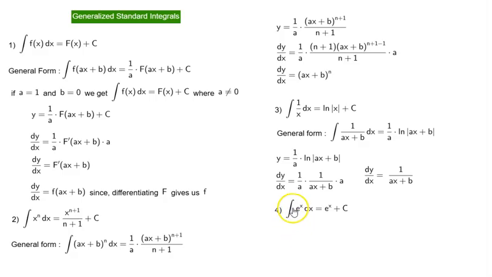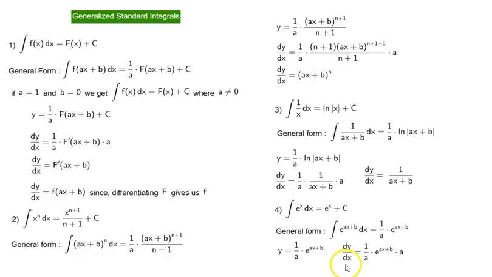Integral of e to the power of x dx is equal to e to the power of x plus c. This is what we saw previously. Now the general form would be integral of e to the power of ax plus b dx. And that is equal to 1 by a times e to the power of ax plus b. Again, let's verify. y is equal to 1 by a times e to the power of ax plus b.